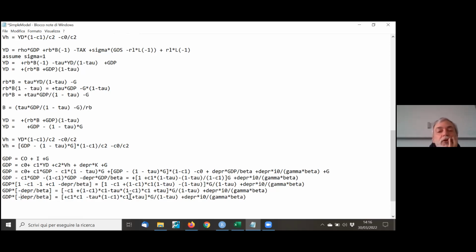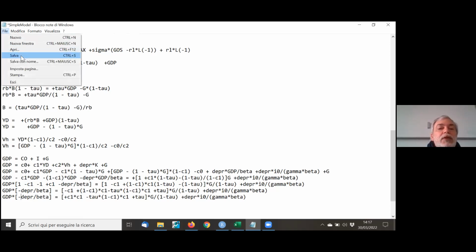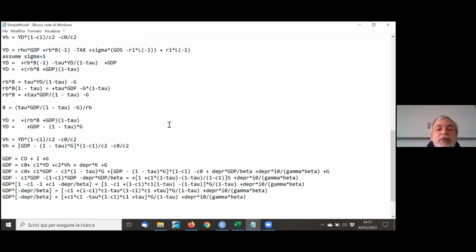So let's also help ourselves with the simulation, because the simulation will allow us to verify if the numbers for each variable are what we expect them to be. So let's save the code at this stage, and you want to use R, as far as I understand.